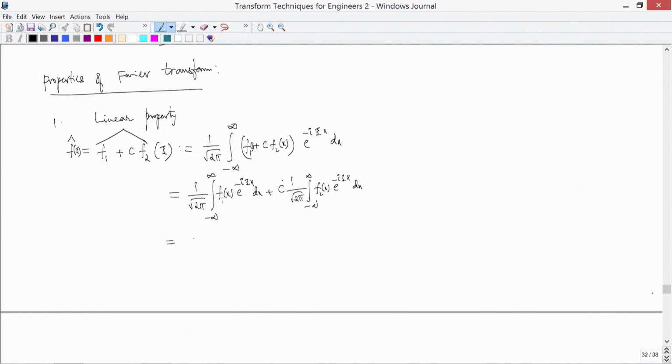So, by definition, this is f1 cap of xi and c times this, by definition this is f2 cap of xi. So, that shows that Fourier transformation is linear. Take any two functions, if you apply it to the sum of the functions, it is the sum of their Fourier transforms. Similarly, Fourier transform of a constant multiple of a function is the same constant multiple of its Fourier transform. So, that is what we see here.